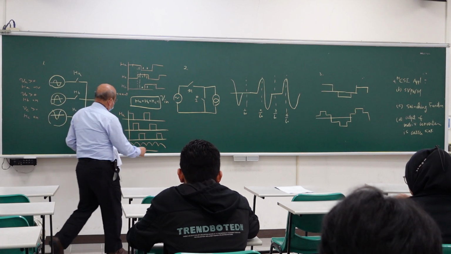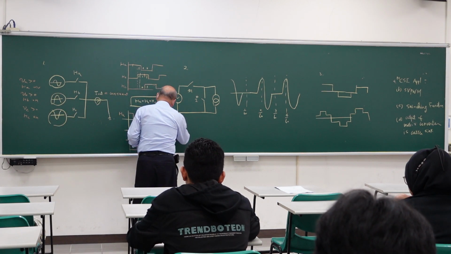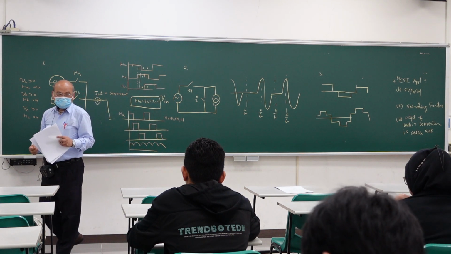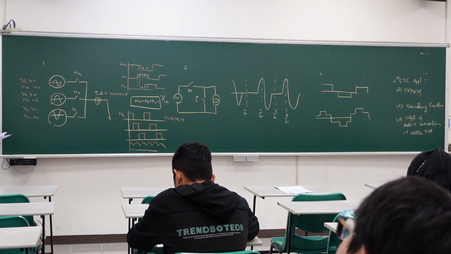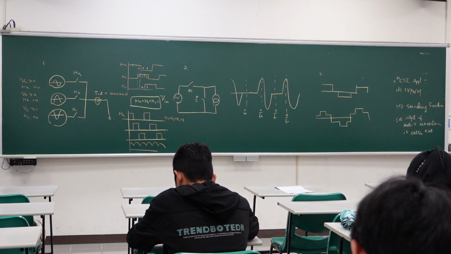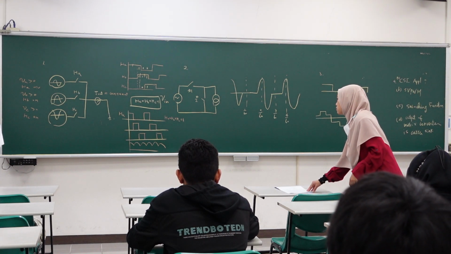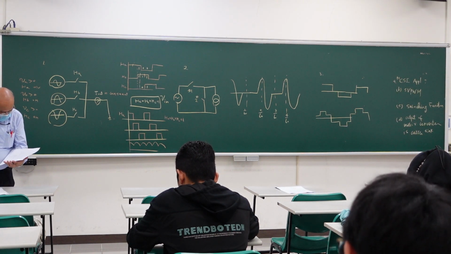In this case, we can see HA plus HB plus HC is equal to 1. So do we have any question about problem B? This is our assignment. We discussed this before, okay? So this is problem 1, A and B.